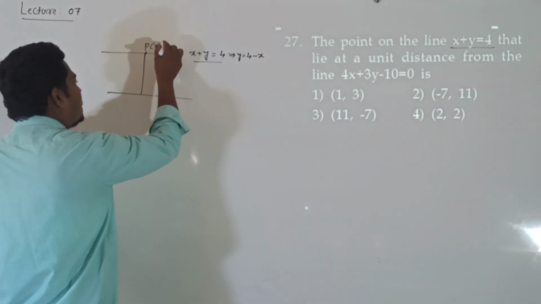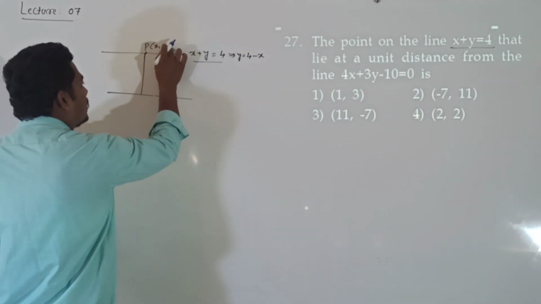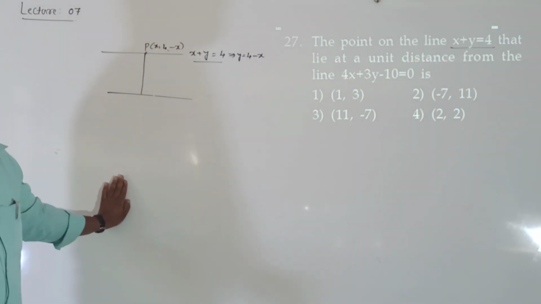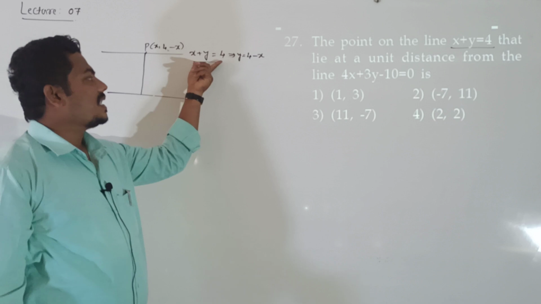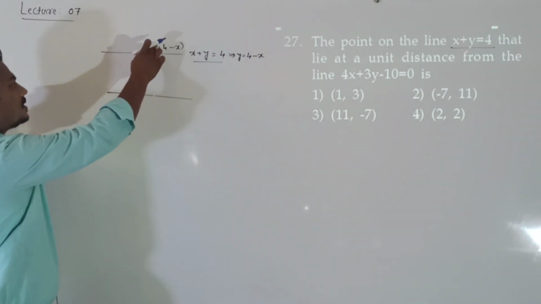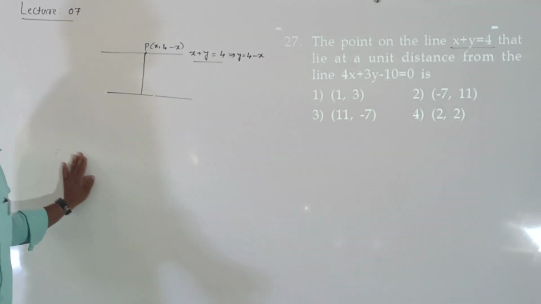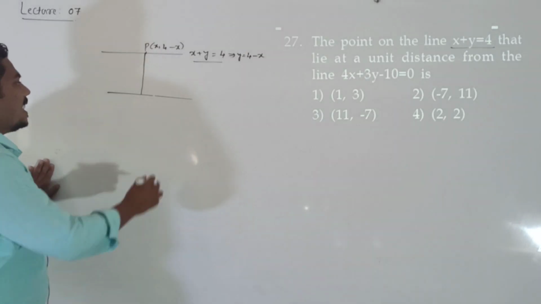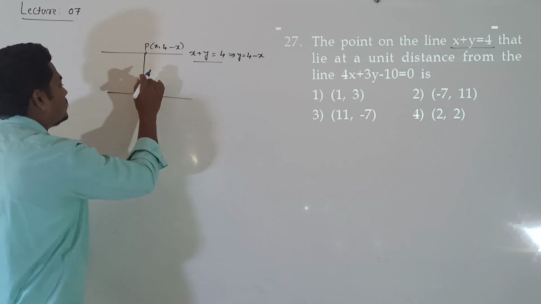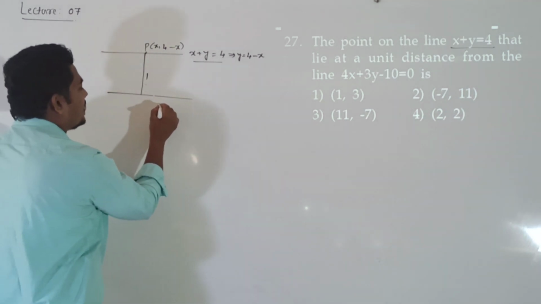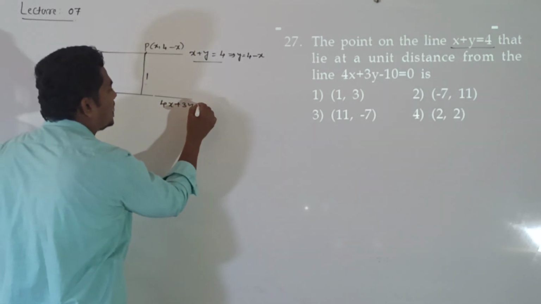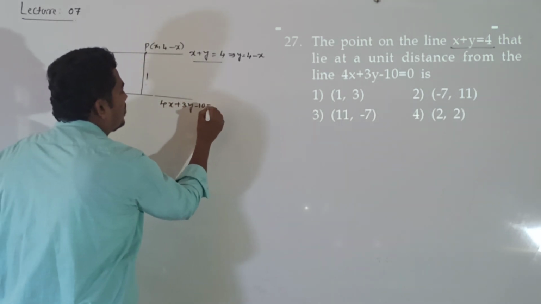In general the point is x comma y, but from the given condition, what is the y value? 4 minus x. Means the point is of the form x comma 4 minus x, and this is at unit distance, 1 unit, from the line whose equation is 4x plus 3y minus 10 equal to 0.